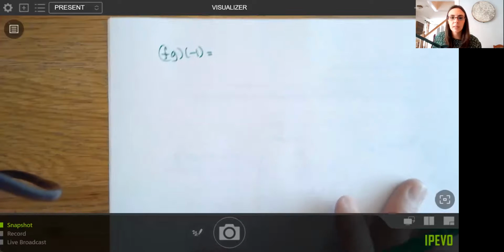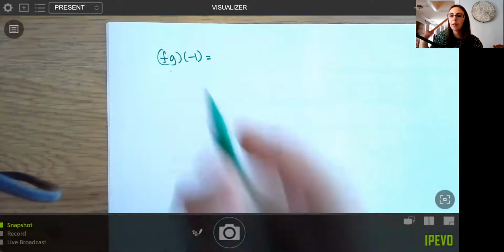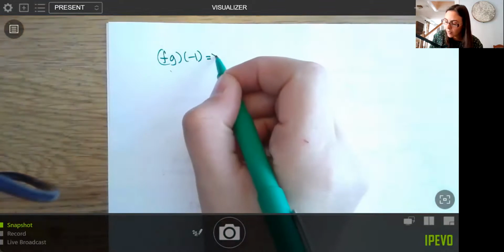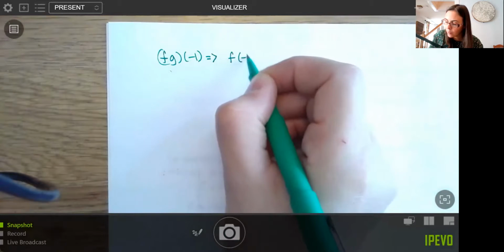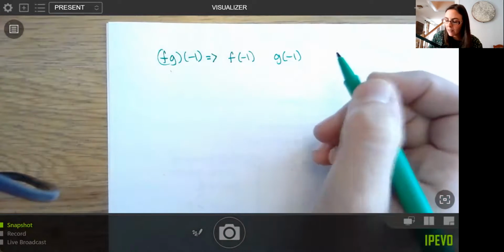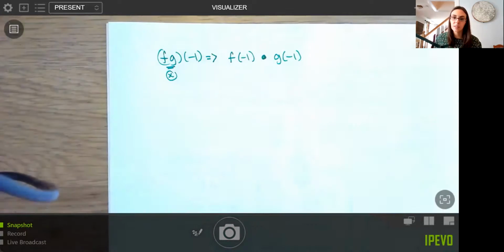If we're looking for this, what we can do is multiply our functions together and then plug in -1 at the end. But in this particular case, I can't do that. I don't have the functions. So what you can do is remember that you can also find f of -1 and g of -1 first, separately. And then this is multiplication, right? Now you're going to multiply your answers together.